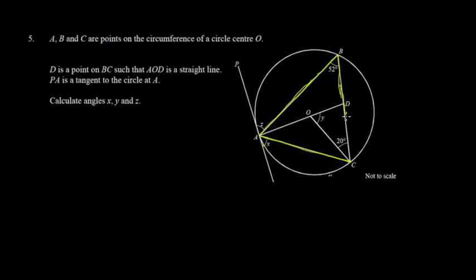It's not any other triangle. The theorem only applies to a triangle where these edges are at the circumference. So X is what you want to find out, and it should be equal to the opposite interior angle. The opposite interior would be 52 here. So already you have X equal to 52.